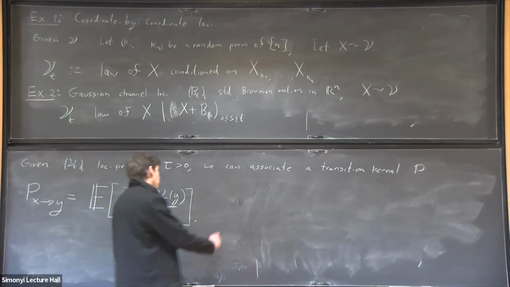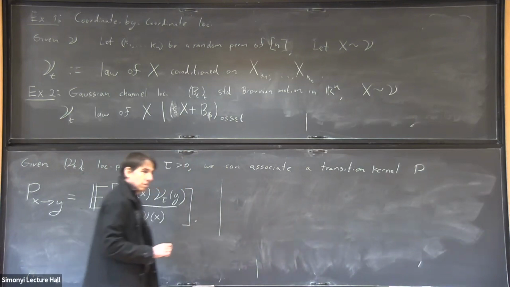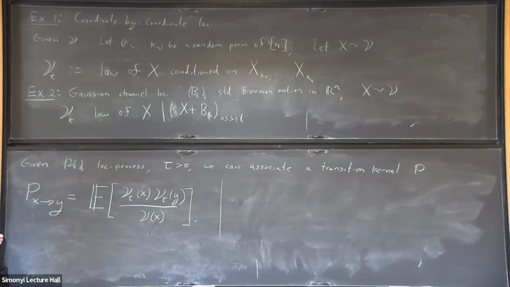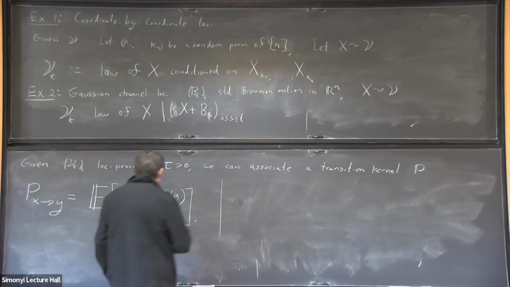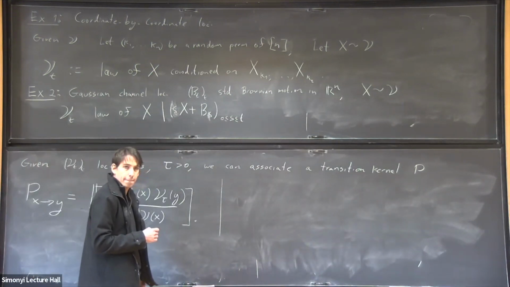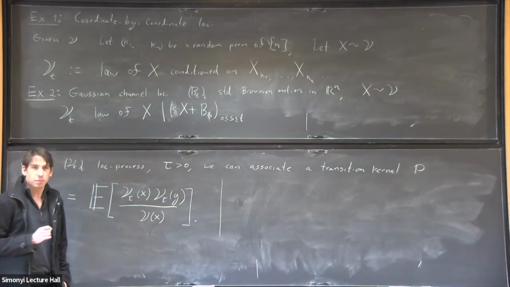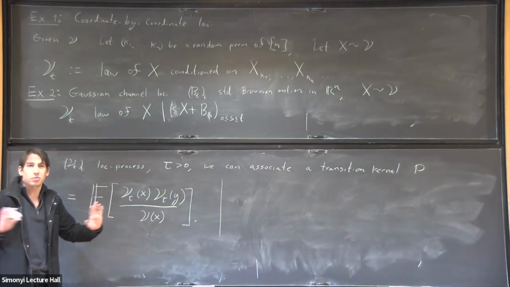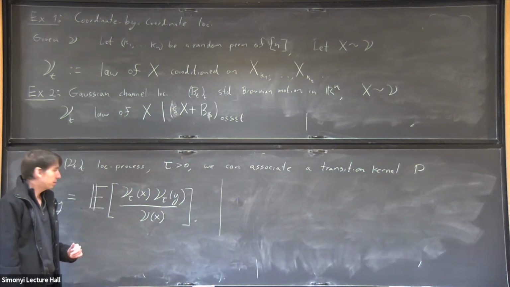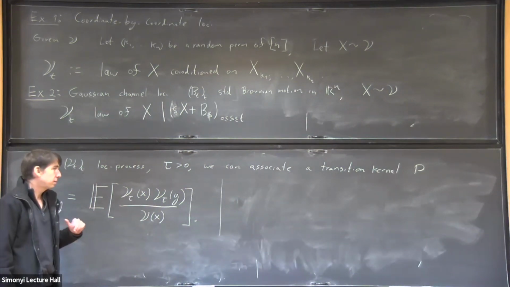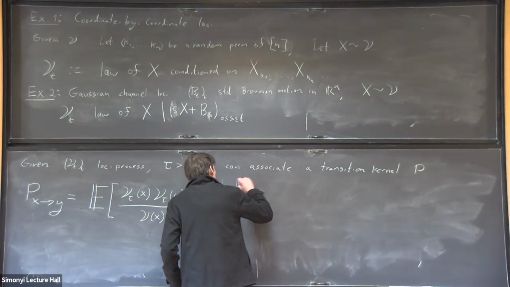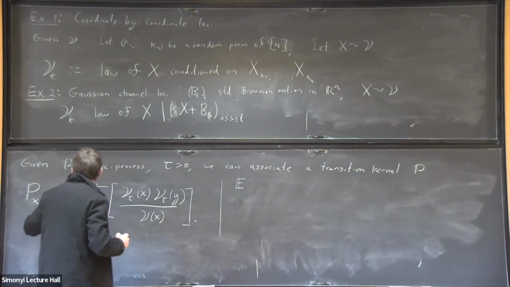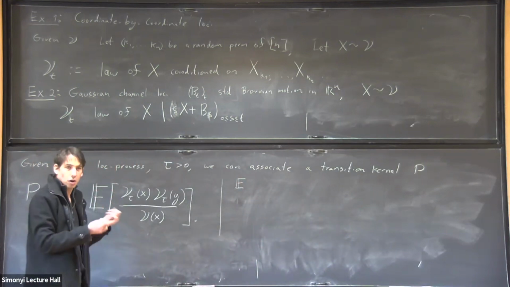It's not even clear that this is stochastic. So let's say that this is stochastic. This expectation is just over the randomness of the localization process? Yes, this is going to be all our randomness. So why is it stochastic? For every X, what's the probability to go somewhere in omega?